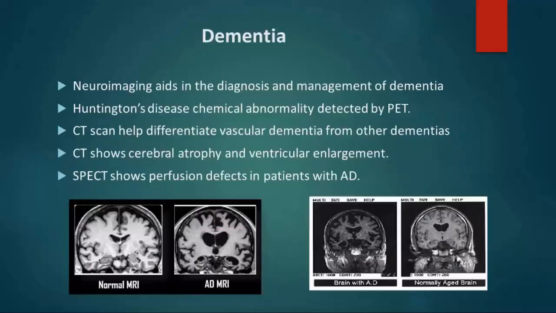Whilst with the normal aging brain, there is no atrophy or shrinkage of the cerebral cortex of the brain. Then looking at the MRI scan, you realize that there is ventricular enlargement of the brain with dementia.